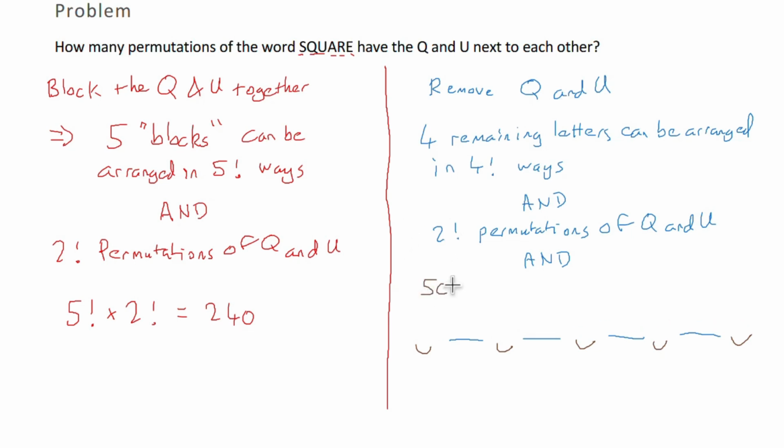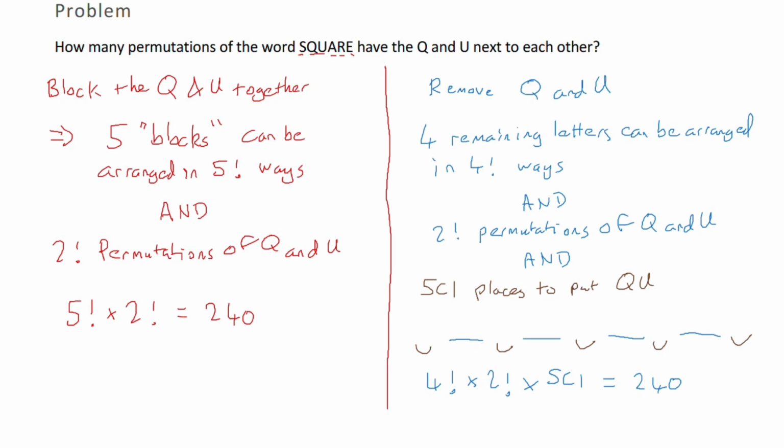So there are 5 choose one places to put QU. So in total I have 4 factorial times 2 factorial times 5 choose 1, which also gives me 240.